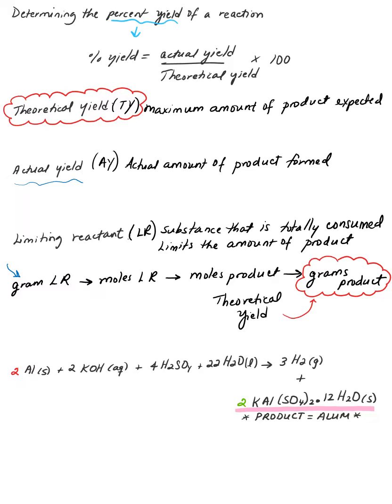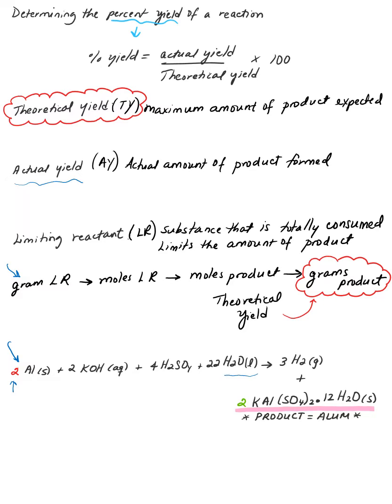So down here, I have the actual reaction that you're going to be doing in this experiment. The coefficients are the numbers that you have in front of each formula. So this reaction is telling you that you have 2 moles of aluminum reacting with 2 moles of potassium hydroxide, and you also have reacting 4 moles of sulfuric acid, and then you have 22 moles of water.